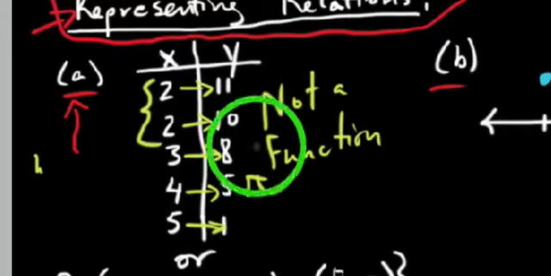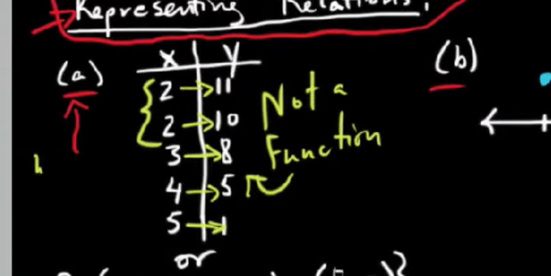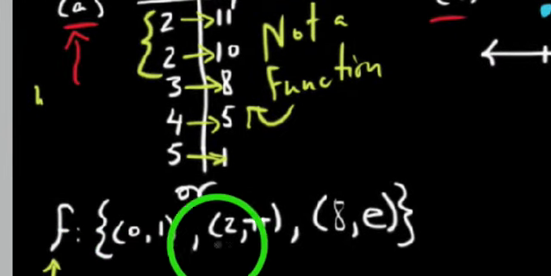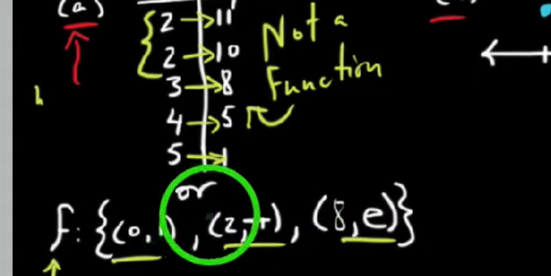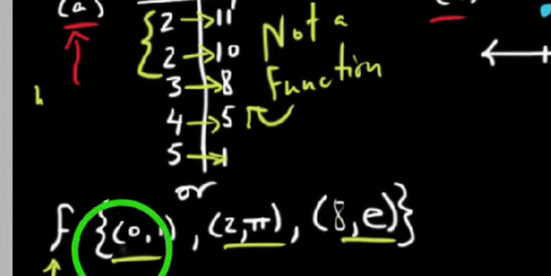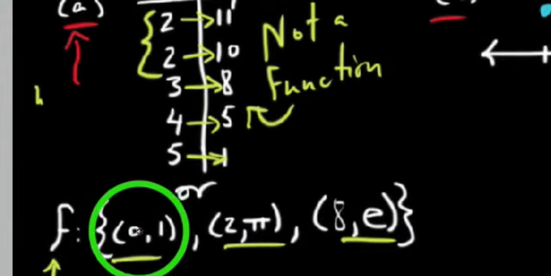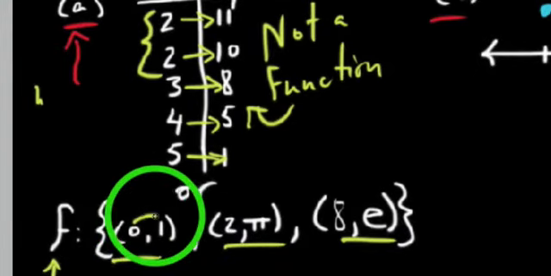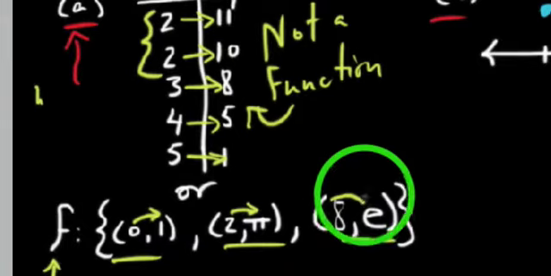Going hand in hand with this table relationship, you can look down here. We represent a function as a series of ordered pairs. We could put this in a table, very simply. But check this out. If we consider all of our x values as input values and y values as output, now we're seeing that in this particular relation, 0 maps onto 1, 2 maps onto pi, and 8 maps onto e.